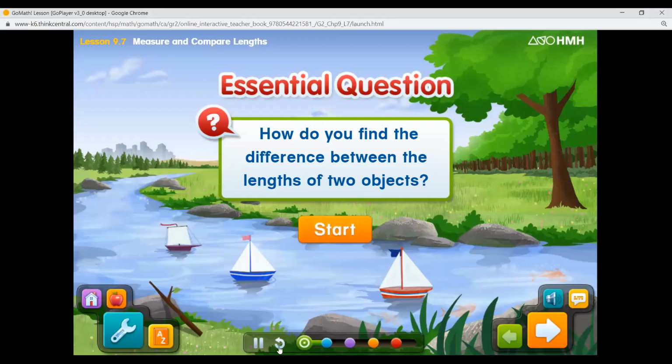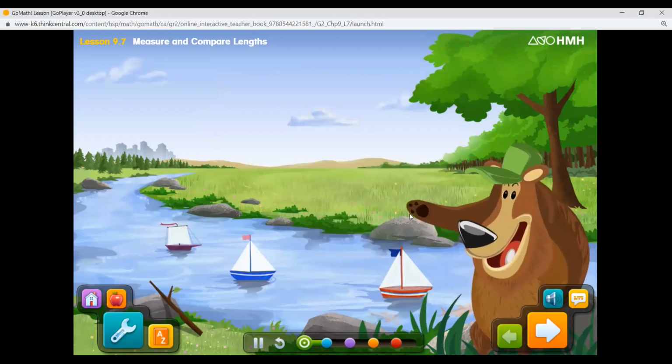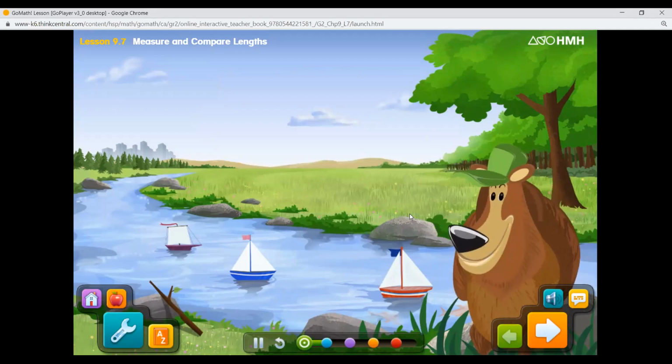How do you find the difference between the lengths of two objects? There are a lot of toy boats on the river today. I overheard some children talking about making a new sail for one of them. Let's take a closer look.